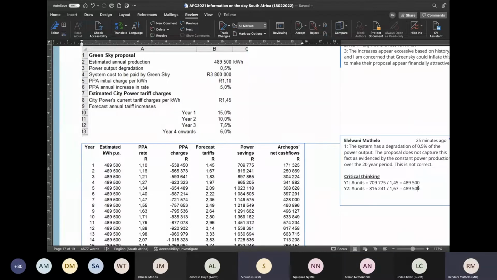So do 145, right? So say 145, which is the initial rate, right? Okay. Row it by 15%, which is the rate for the first year. Okay. And multiply by 489,500. What do you get? I get 816,241.